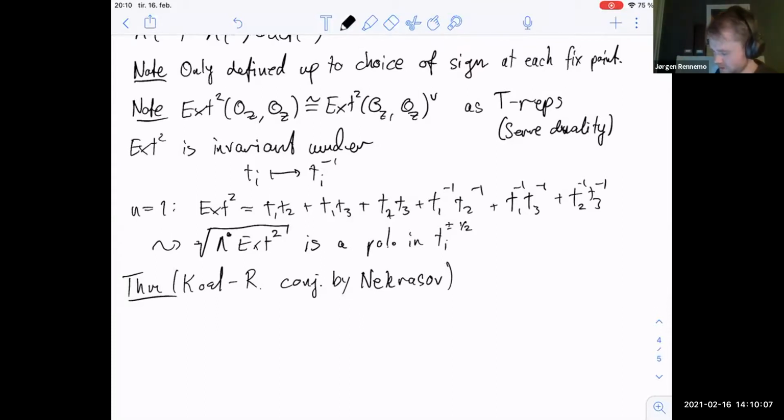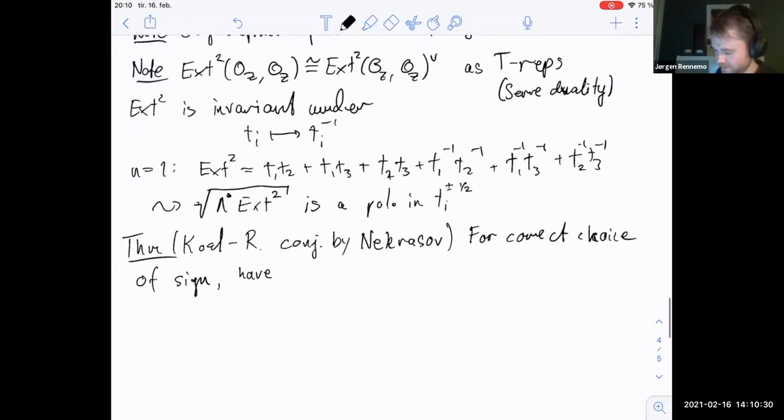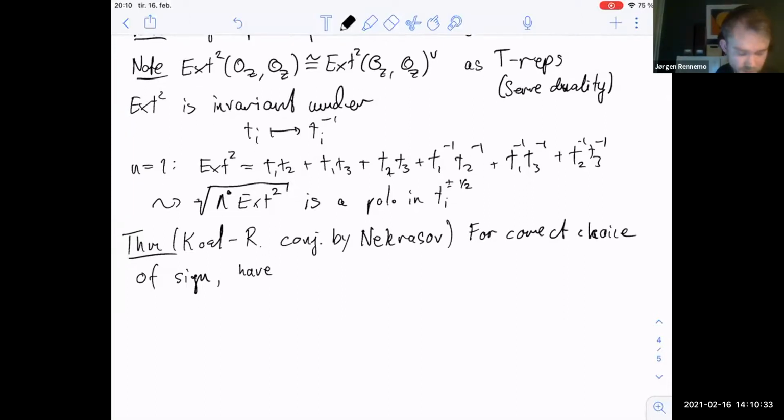Okay, so let me say, for the correct choice of signs, we can write down the following generating function.